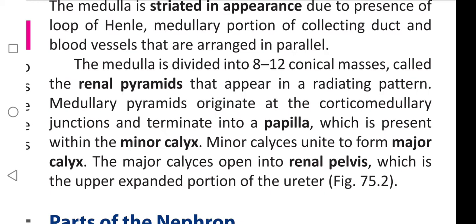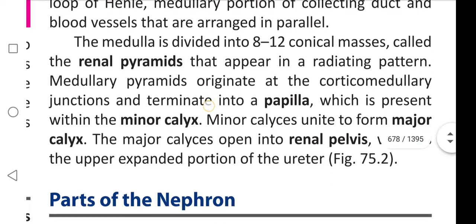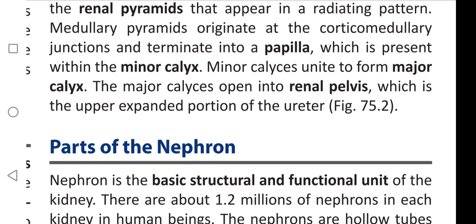Medullary pyramids originate at the corticomedullary junctions and terminate in a papilla, which is present within the minor calyx, and some group of minor calyces unite to form a major calyx, and major calyces open into the renal pelvis, which is the upper expanded portion of the ureter.